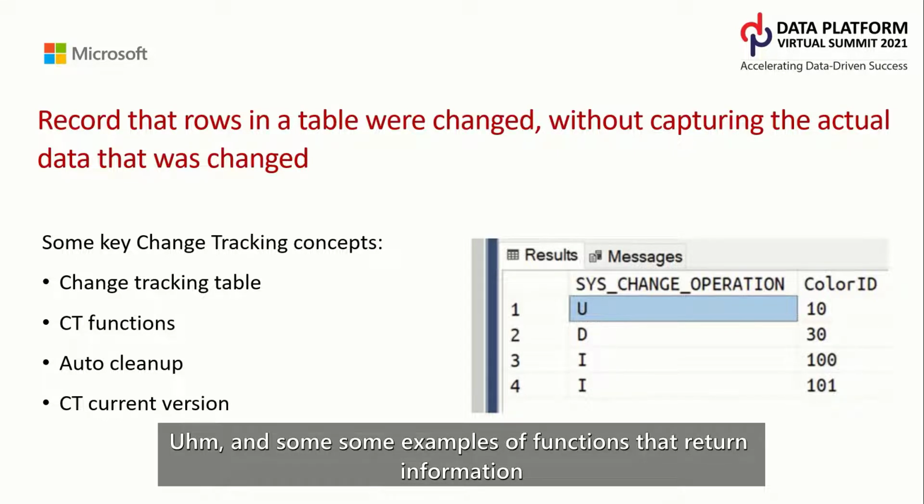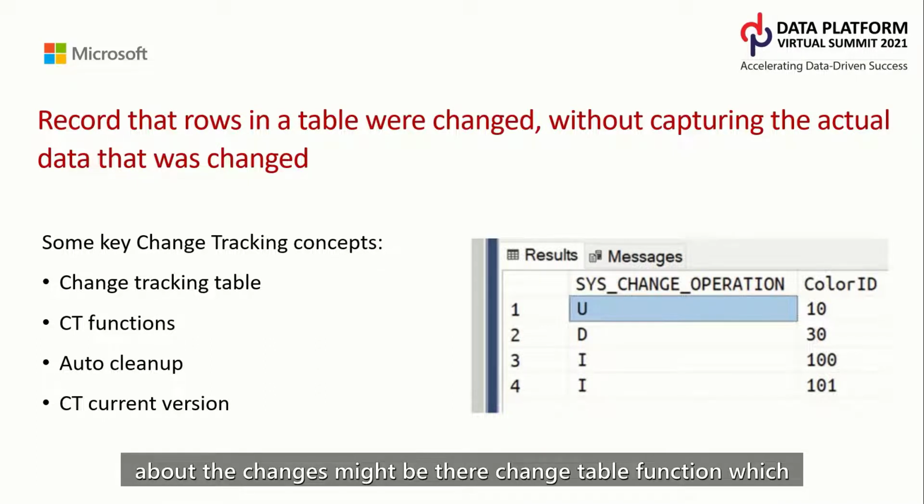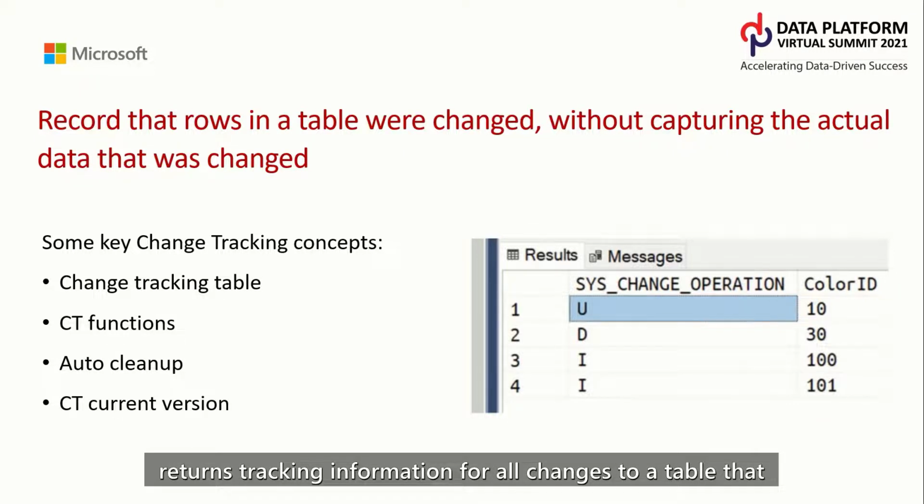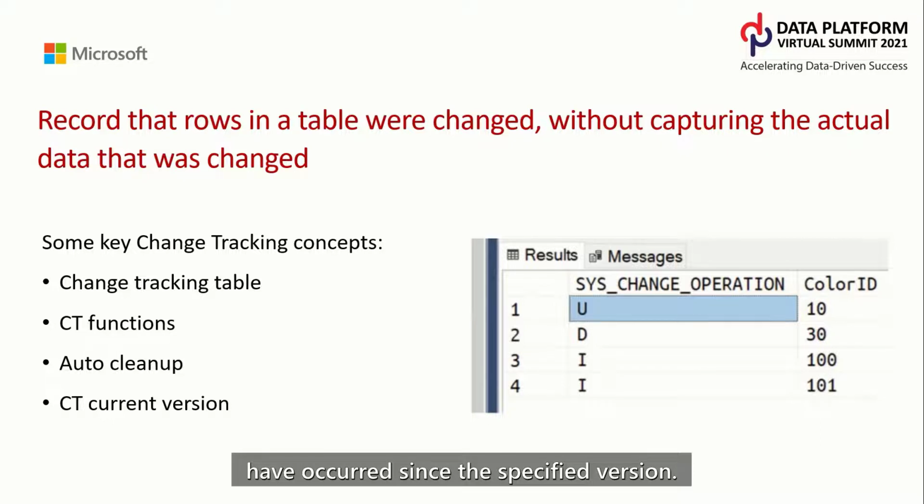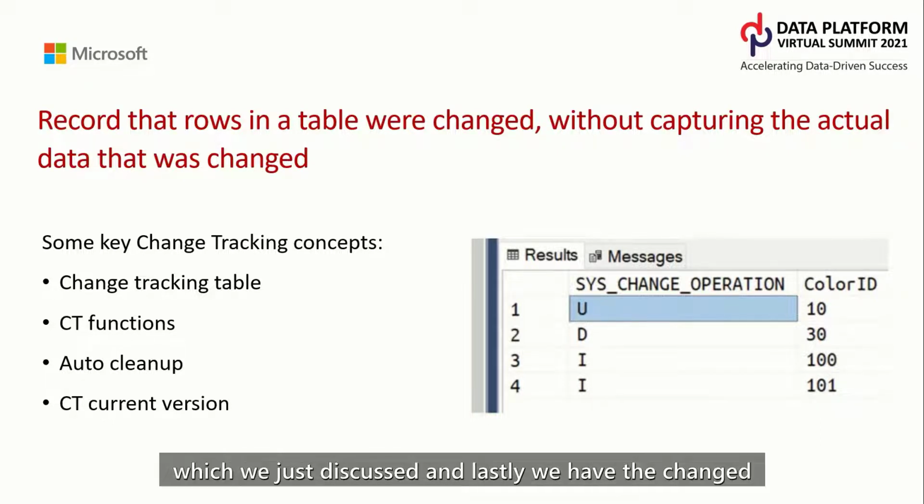Some examples of functions that return information about the changes might be the change table function, which returns tracking information for all changes to a table that have occurred since a specified version. We have our auto cleanup as well, which we just discussed. And lastly, we have the change tracking current version.